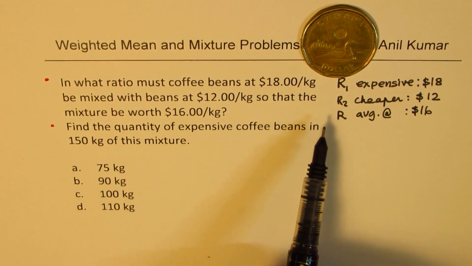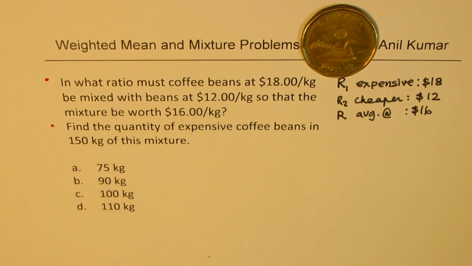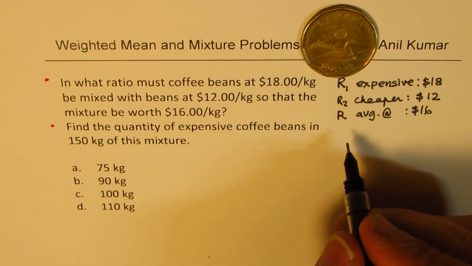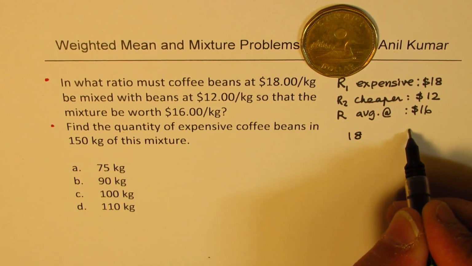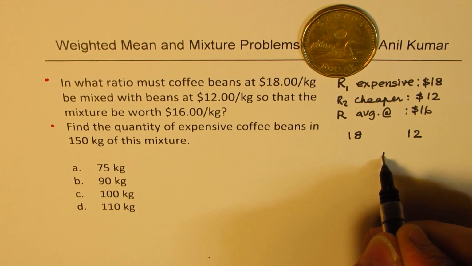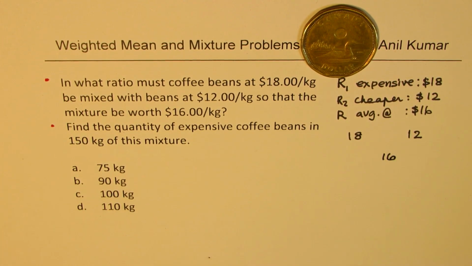So we know all this. What do we need to find? We need to find the ratio, right? So that is exactly what we did. So how do we find the ratio? Let's write down. We have our graph here. This is 18 going to be mixed with 12, getting 16 as the average.